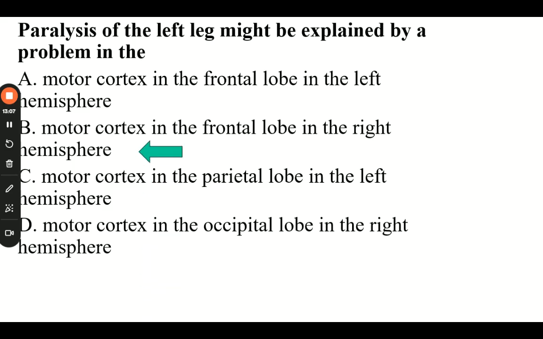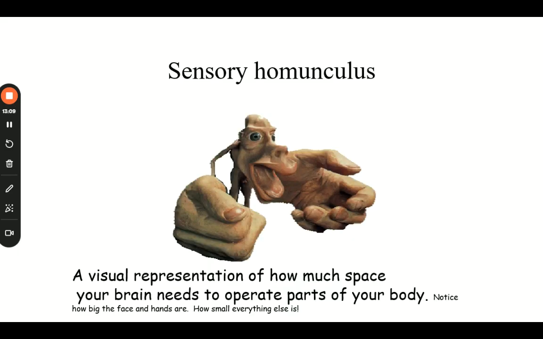All right, moving right along. I don't think you need to know the word homunculus, but you do need to understand that your brain dedicates more space to certain parts of the body. Think about brain real estate in your sensory cortex and in your motor cortex.